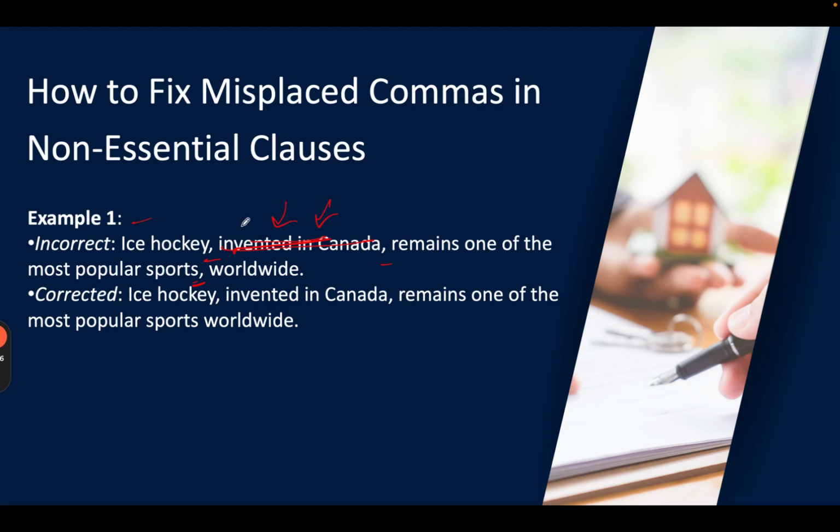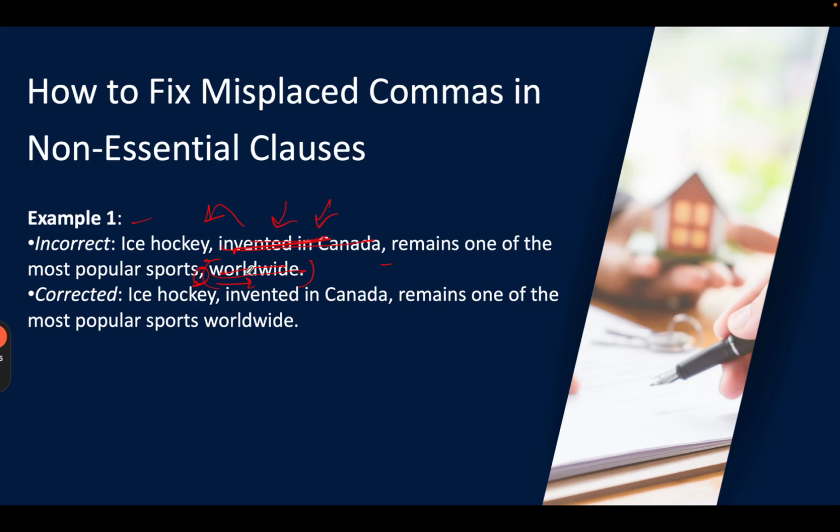It's just some extra information about ice hockey. The main meaning of the sentence that it's trying to convey is that it remains one of the most popular sports worldwide. Now, placing a comma over here before worldwide is making this information non-essential. So let's remove this and reread the sentence. Ice hockey remains one of the most popular sports. Where the sentence is trying to say that it's worldwide.